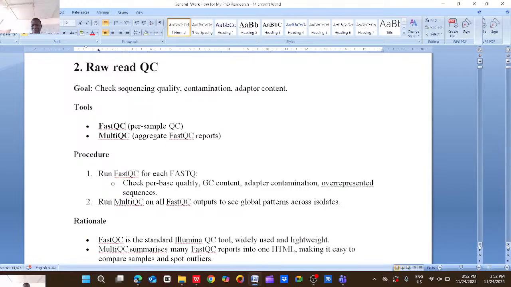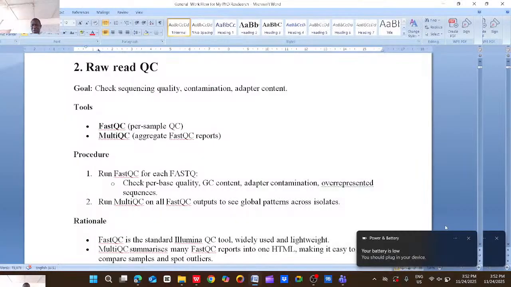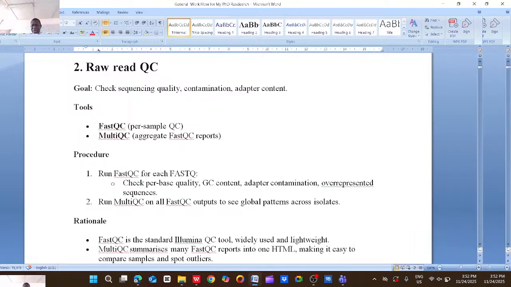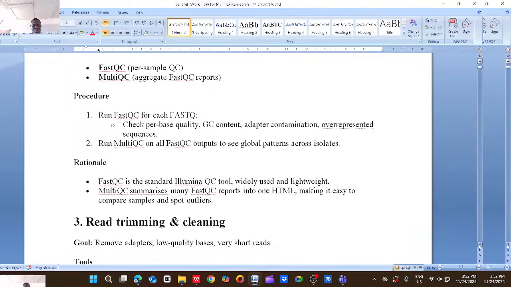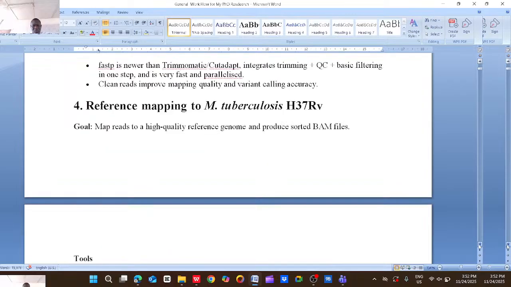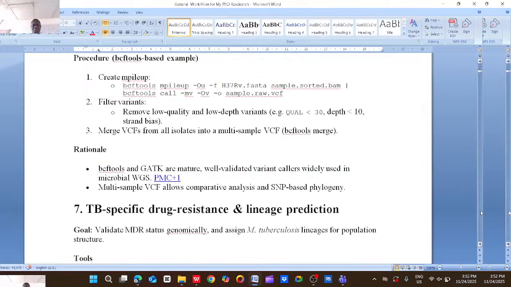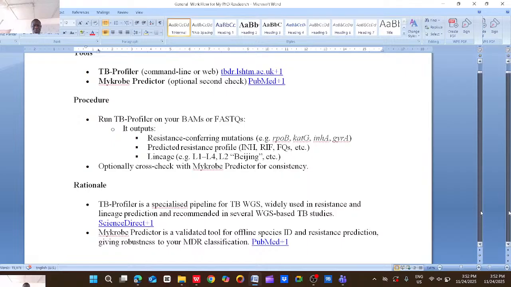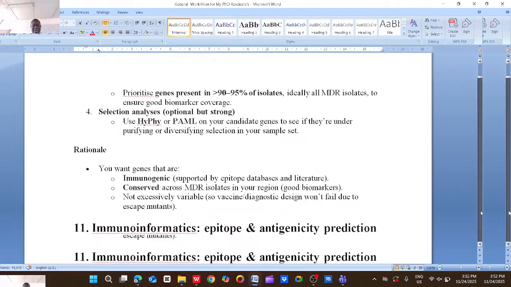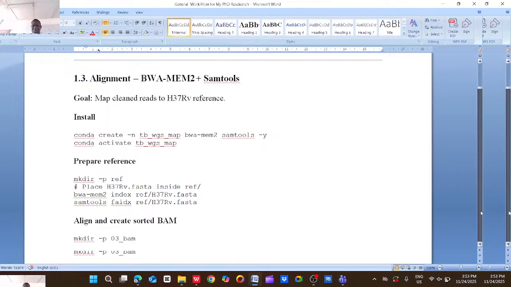Now, before we actually close for the day, I want you to know one thing. Go and get sequences from NCBI or from wherever.